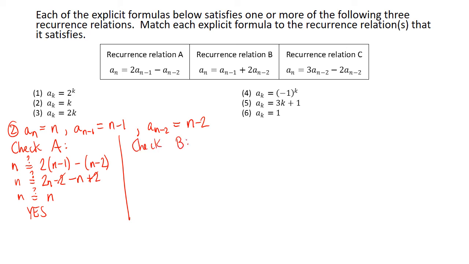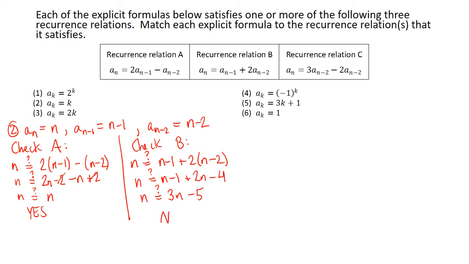And now let's check B. On the left I have a_n, and on the right I have a_(n-1) plus 2 times a_(n-2). So this is going to be n minus 1 plus 2n minus 4. I think that is not going to work out, because that'll be 3n minus 5, which is not equal to n in general.